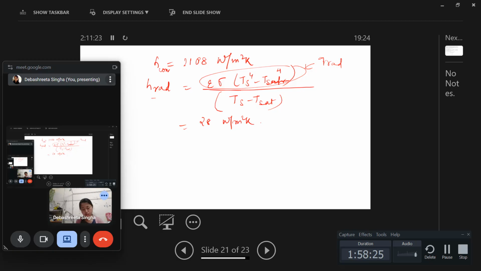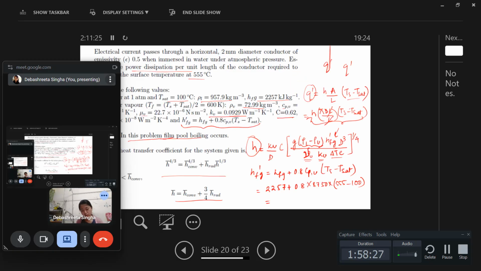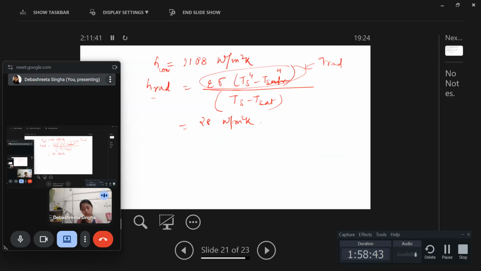What we get from here, in the question it is already given: if the radiation heat transfer coefficient is less than the convective heat transfer coefficient, then you have to use this relation.